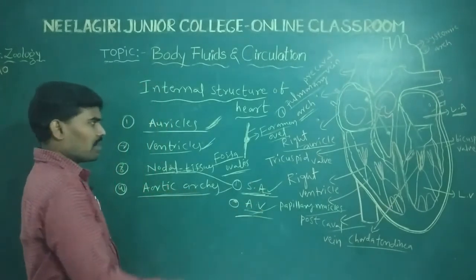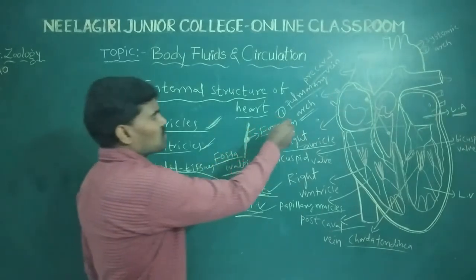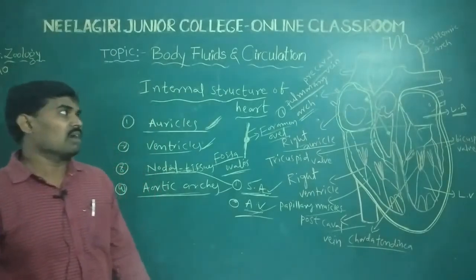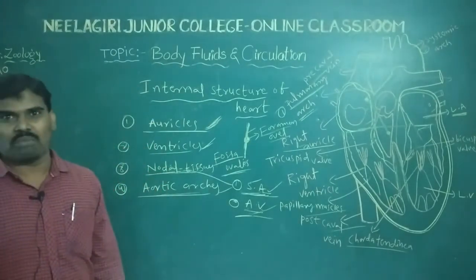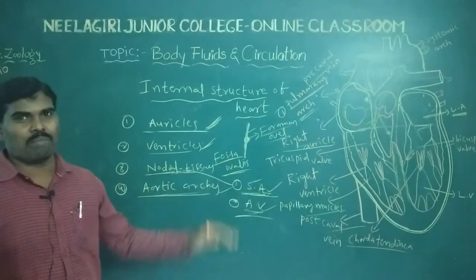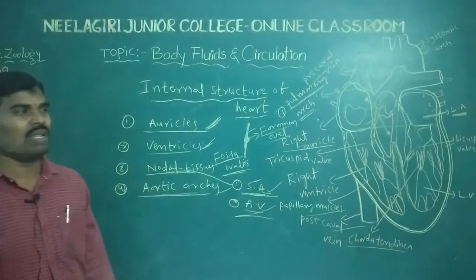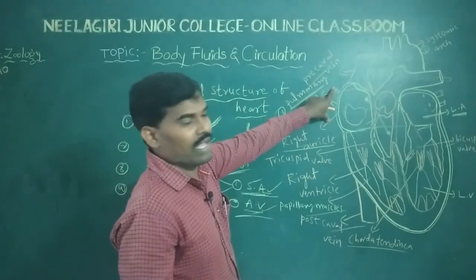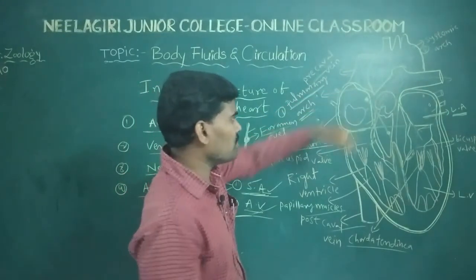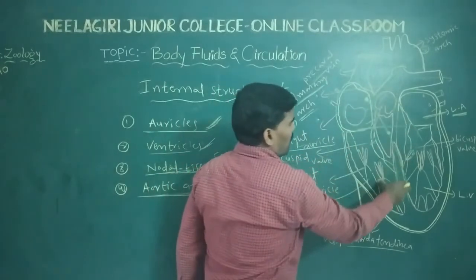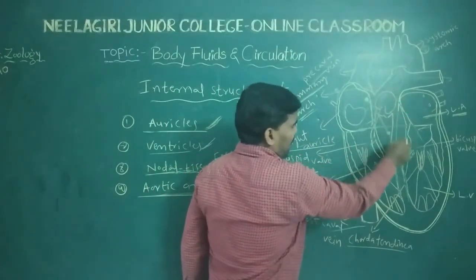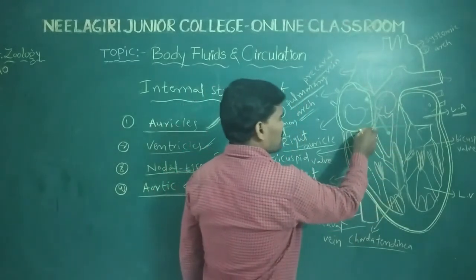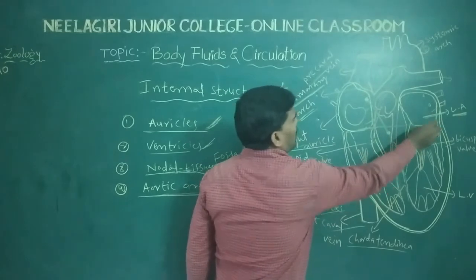And next, aortic arches. How many types of aortic arches? Two aortic arches, the pulmonary arch and the systemic arch. This is regarding the internal structure of the heart, a very important long question in the examination, so drawing the diagram is a must. In the internal structure of the heart there are two auricles, two ventricles, the interauricular septum, interventricular septum, and the auriculoventricular septum, guarded by the tricuspid and bicuspid valves.